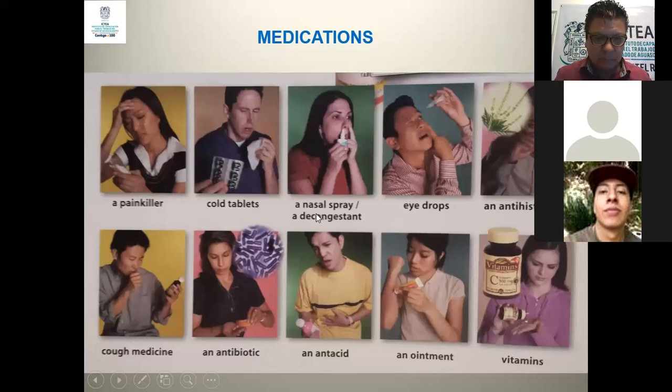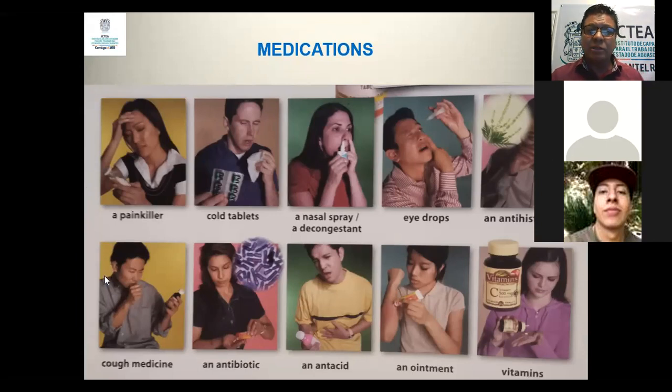Eye drops. An antihistamine. Cough medicine. An antibiotic. An antacid. An ointment. Vitamins. Very good. Yesterday we saw these medications when we have a pain or we have symptoms or something like that.